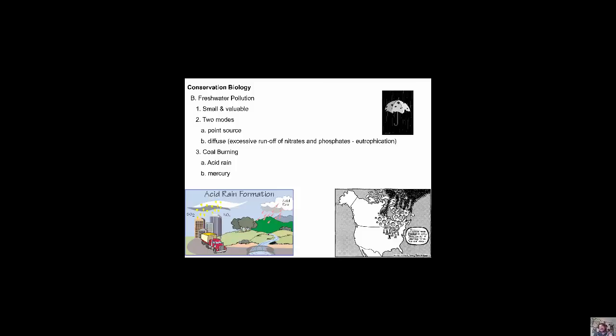So the next kind is diffuse pollution. Diffuse pollution is somewhat more dangerous because it originates from large numbers of different locations. So our example here is runoff of nitrates and phosphates causing eutrophication. So you get nitrates and phosphates running off from literally anywhere that fertilizes the soil or the plants around them.